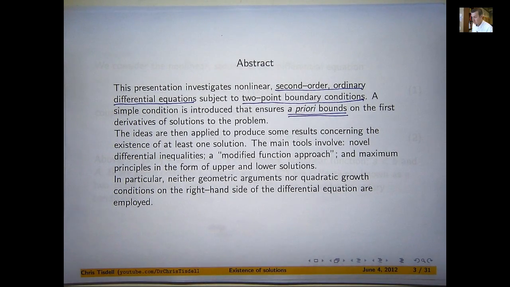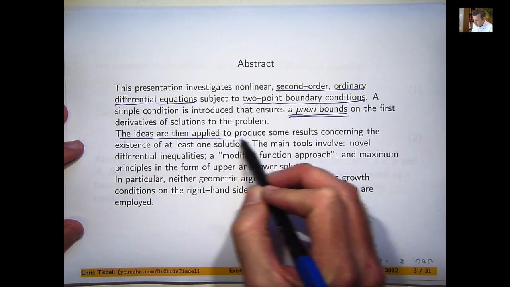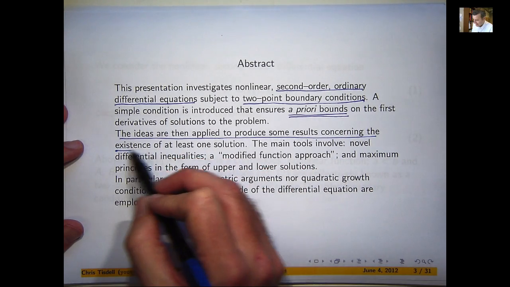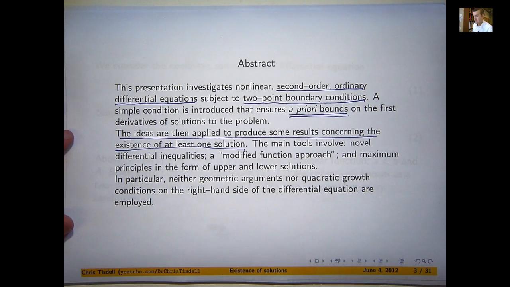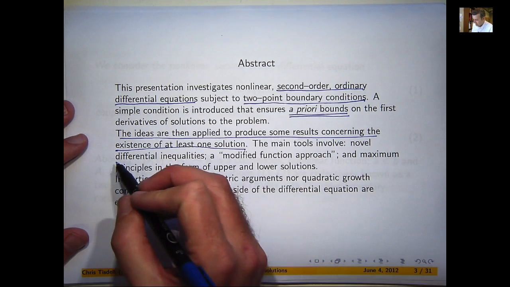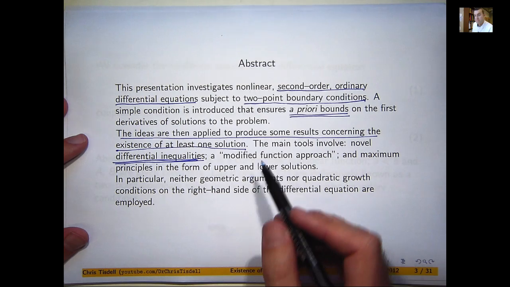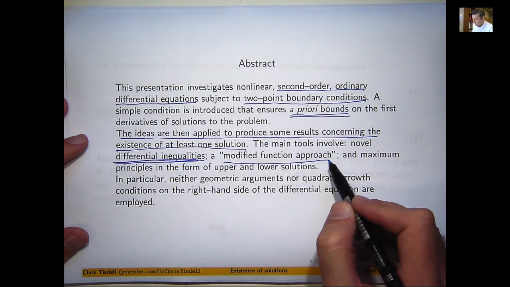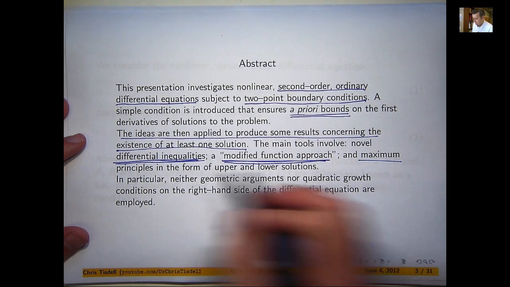Then I'm going to apply the ideas to produce some results concerning the existence of at least one solution to the boundary value problem under consideration. And the main tools involve differential inequalities, a so-called modified function approach, which is a general technique, and maximum principles.